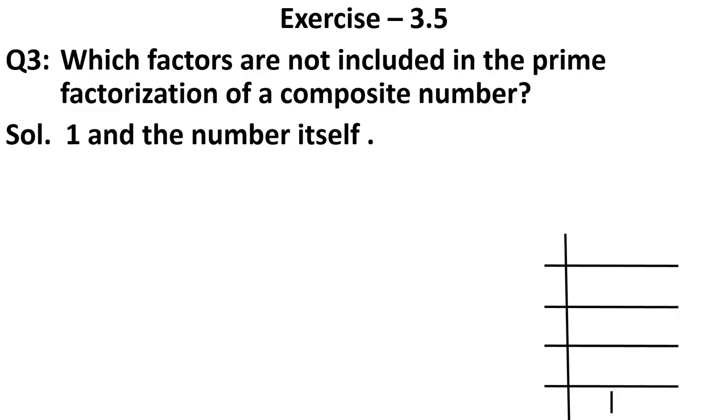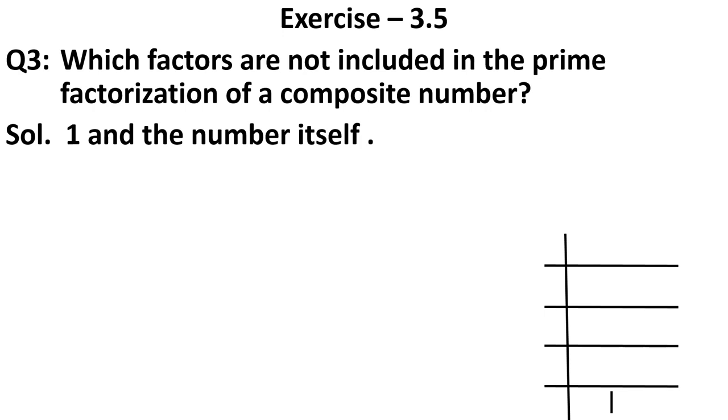So when we are making the prime factorization of any composite number, which factors will we not include? That are 1 and the number itself. We will never include 1 and the number itself.